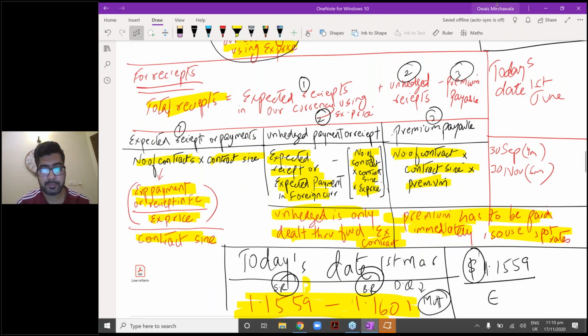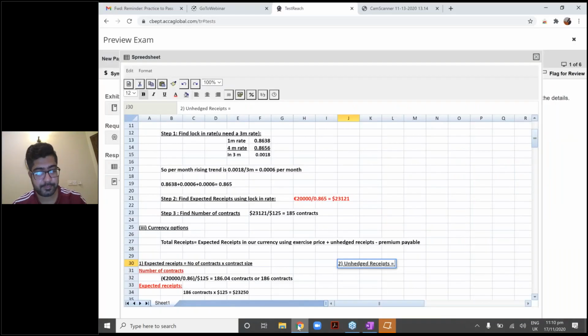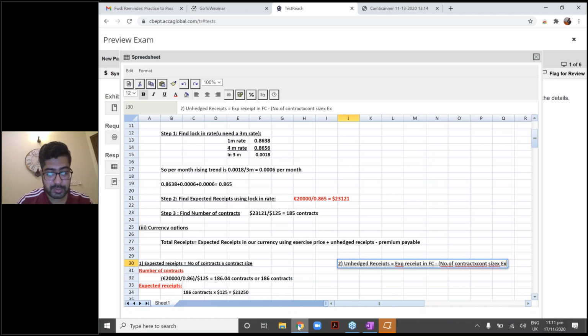Okay. So it's expected receipt in foreign currency minus number of contracts into contract size into exercise price.